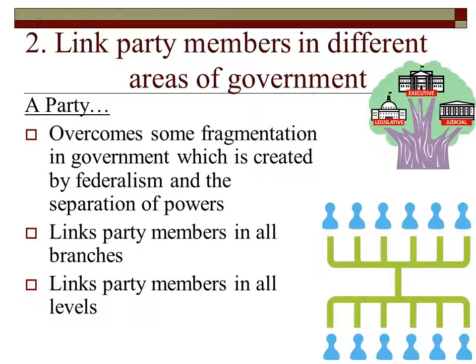So the first thing that the party does in this particular area is it links party members in all of the branches. So you may have, for example, a Republican in the executive branch as the president, and Republicans in the House of Representatives in the legislative branch. And the party would link these two together because they're part of the same party, even though they're in two different branches of government.